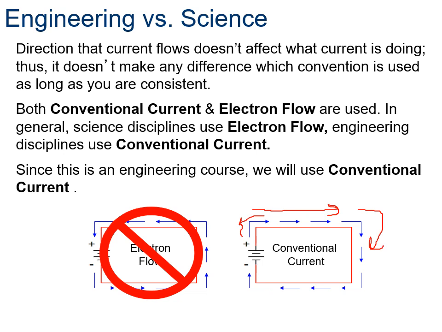But because we've set up a standard that goes from positive to negative, when we talk about current, we're always talking about the flow of what a positive charge would do, which is really the opposite of what we know. But once they set up the standard, it's too difficult to change, so we just stick with the standard that we currently use.